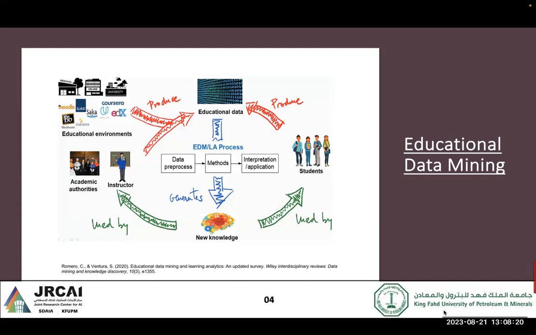If you look at this figure, on the left-hand side we can see the producers of the educational content, where we get this content from. Basically, we have two main producers.